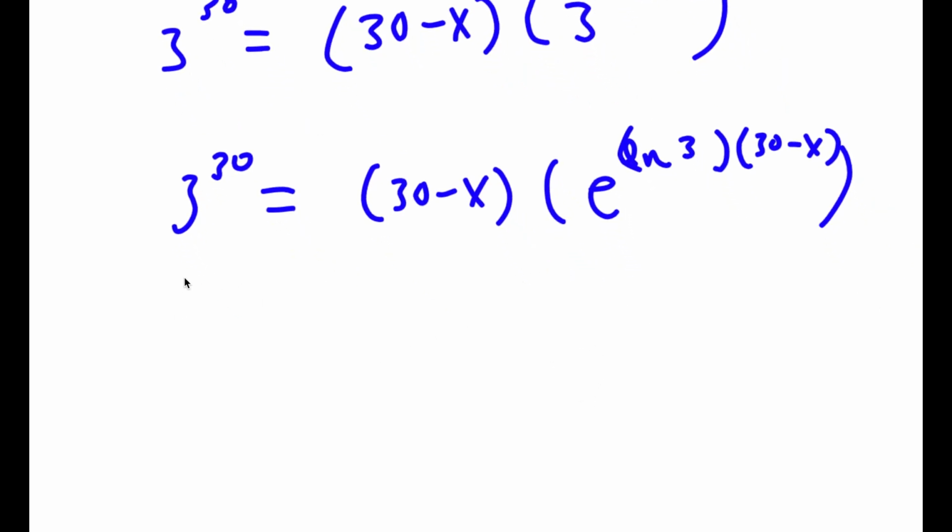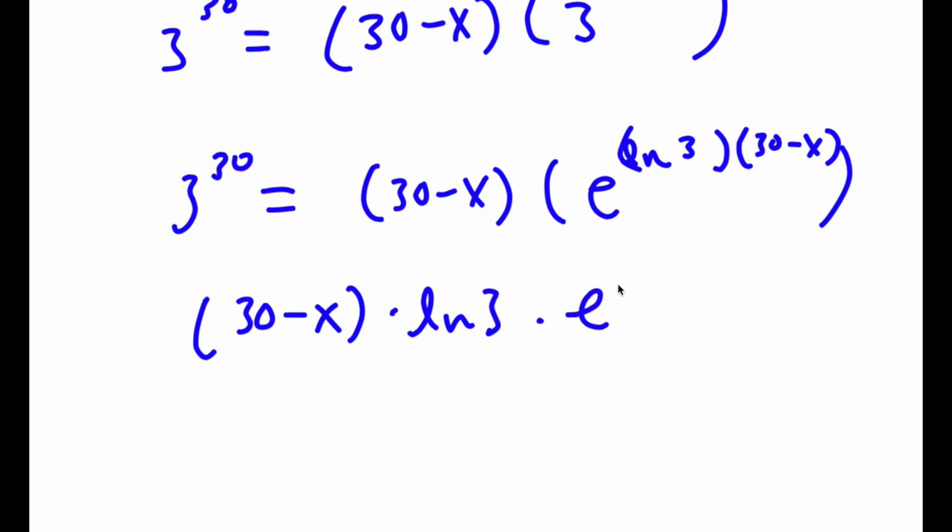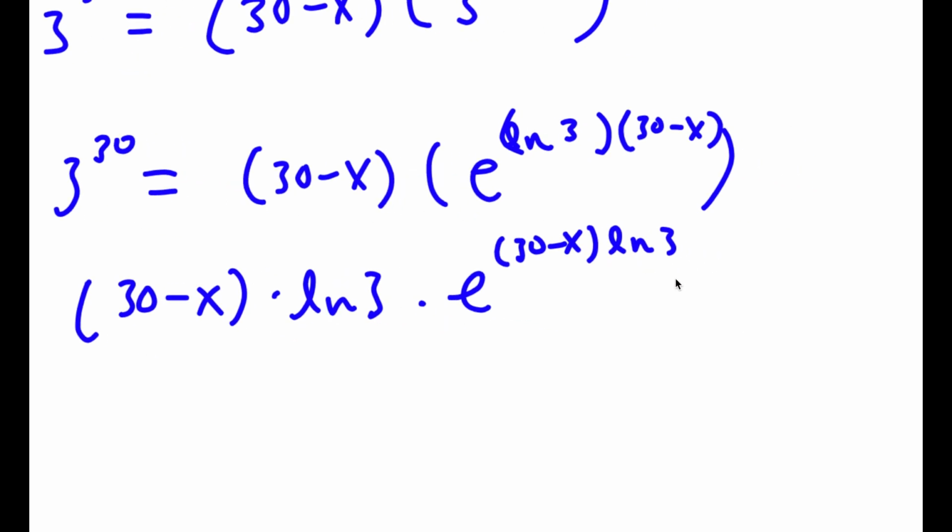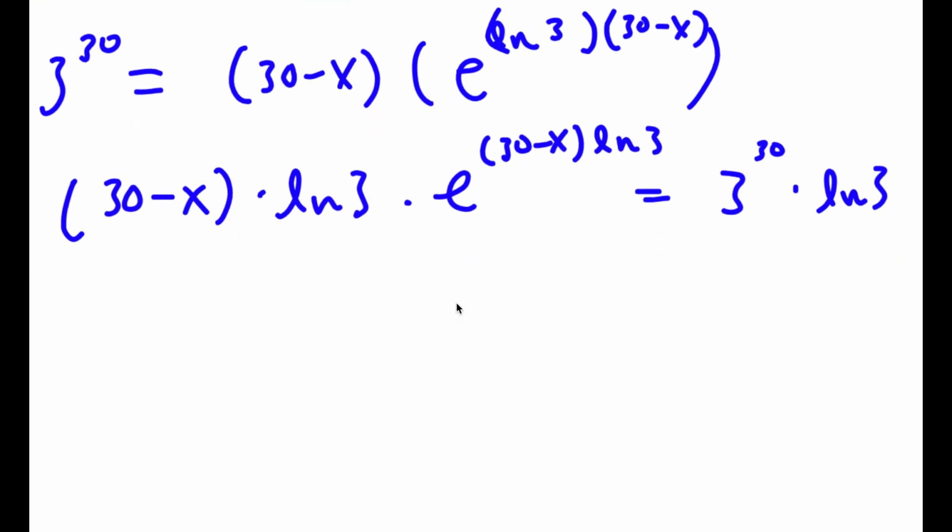So now I have 30 minus x times ln 3 times e to the power of 30 minus x times ln 3 is equal to 3 to the power of 30 times ln 3. I multiply both sides by ln 3.